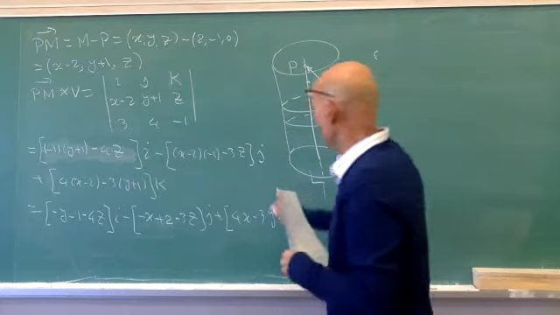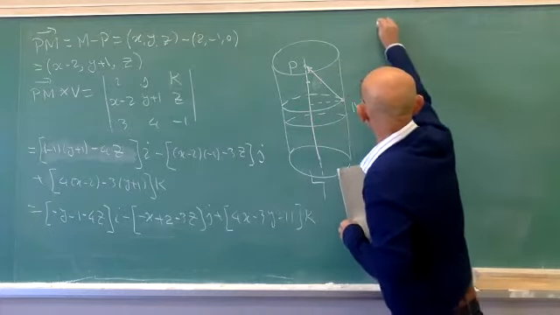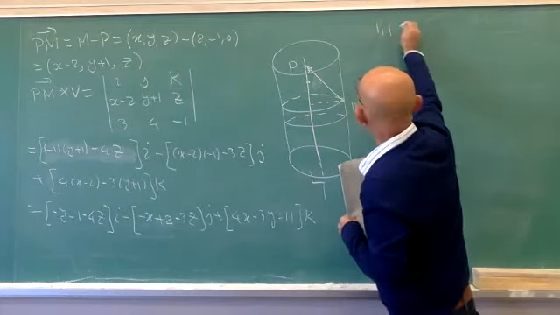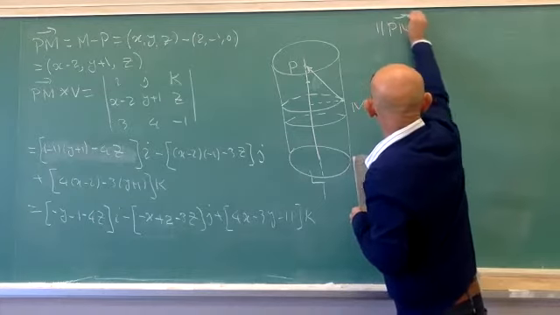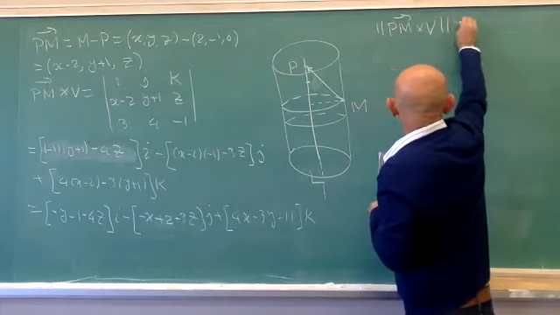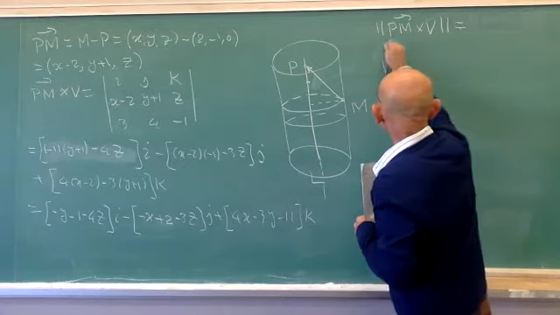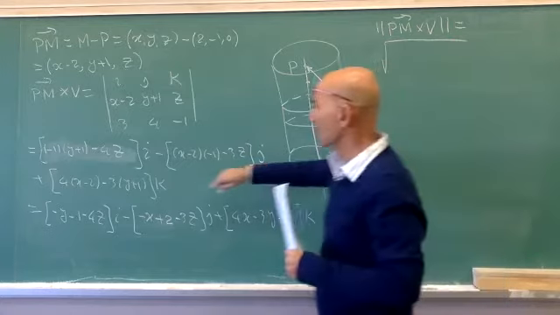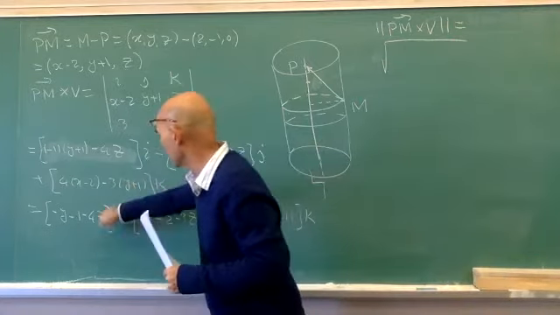So what is its length? PM cross V is equal to the square root of, this whole number has to be squared.